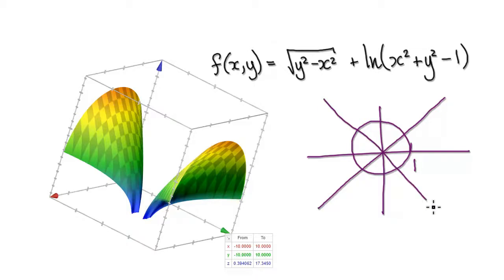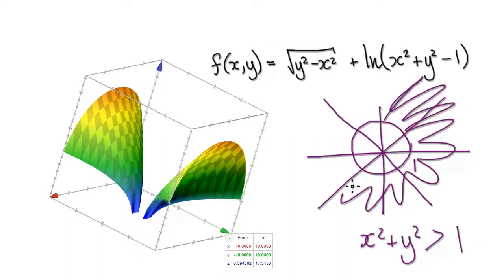But this thing here needs to be bigger than 1, so we are talking about the outside of the circle.